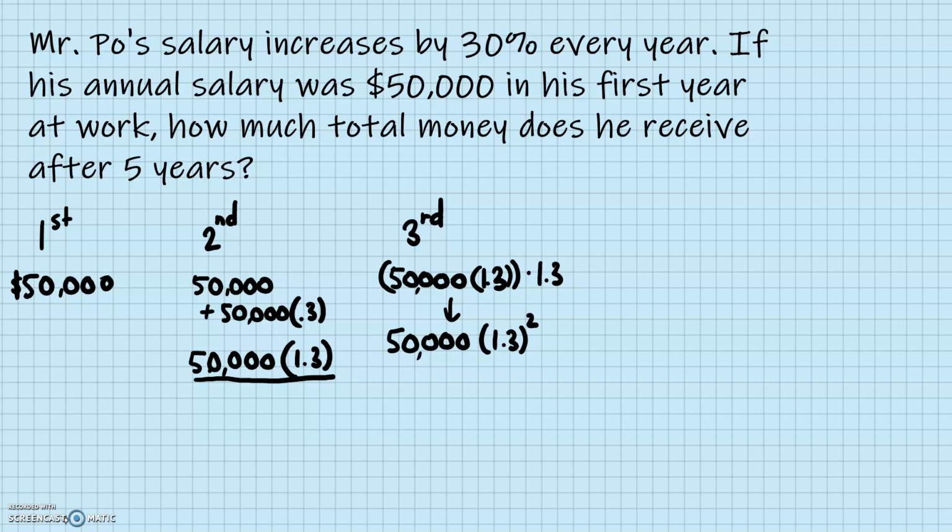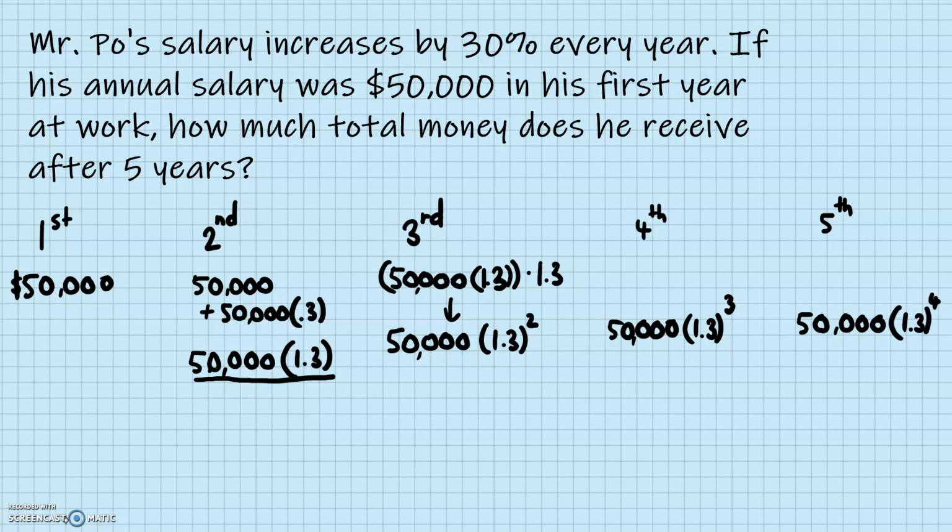Okay, so now you get the picture. On the fourth year, it's going to be 50,000 times 1.3 cubed. And on the fifth year, it's going to be 50,000 times 1.3 to the fourth power.